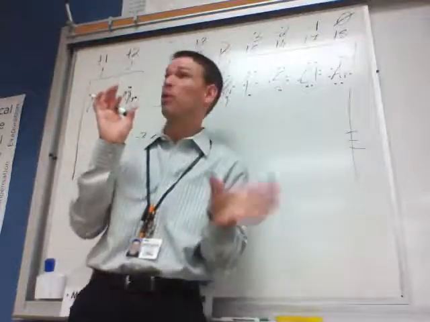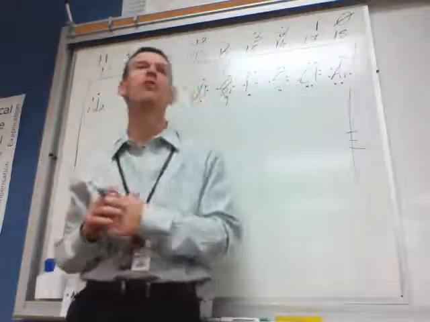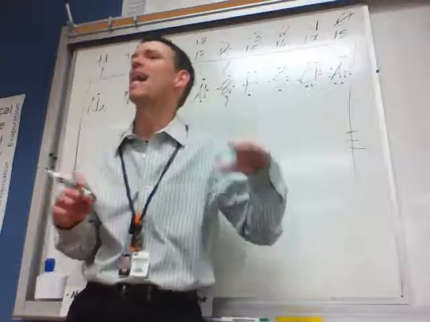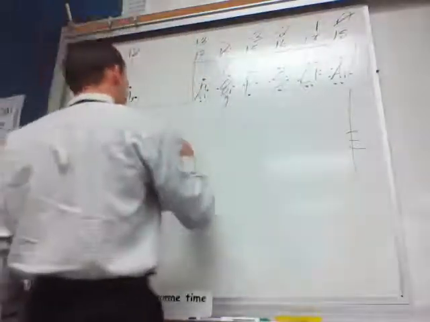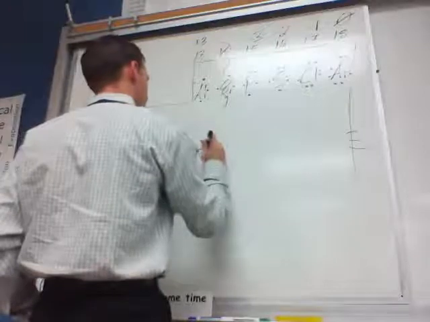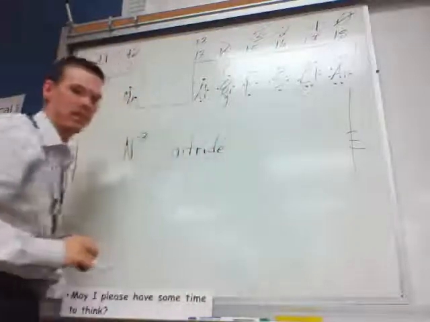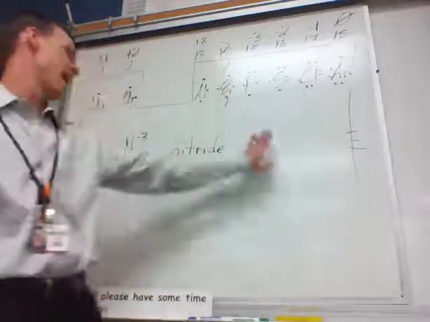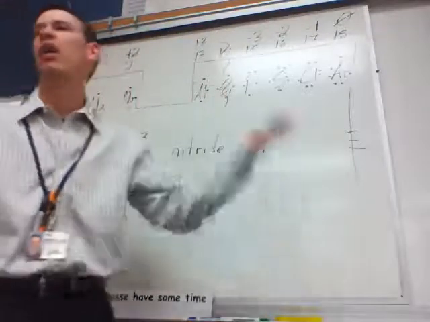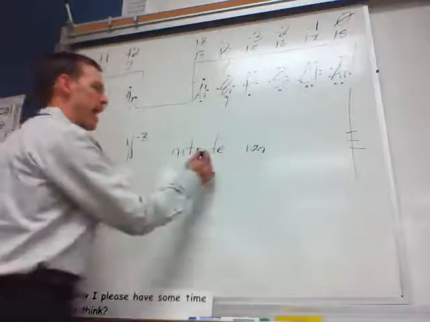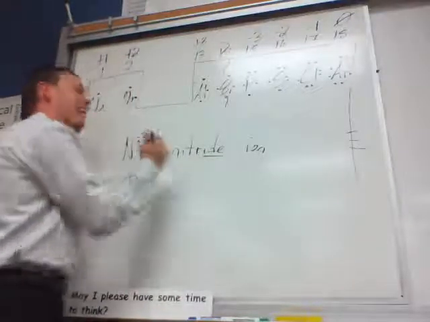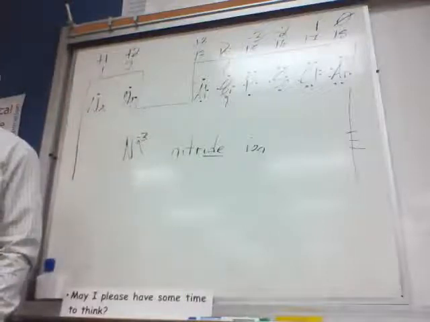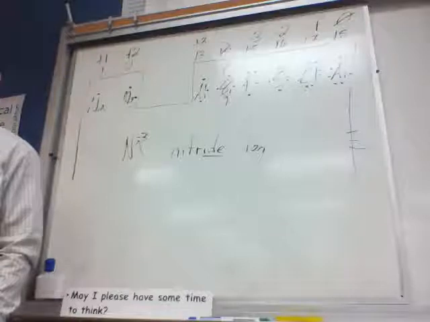This will take some getting used to on putting the ide in the right place. But how do you think you say the word nitrogen ending in ide? Nitride. This is nitride. You can say nitride ion. It's right both ways. Just nitride is good, or the nitride ion is fine. But the only reason that I added the ide is because there's a negative symbol there. You don't do it when it's a cation, only when it's an anion.